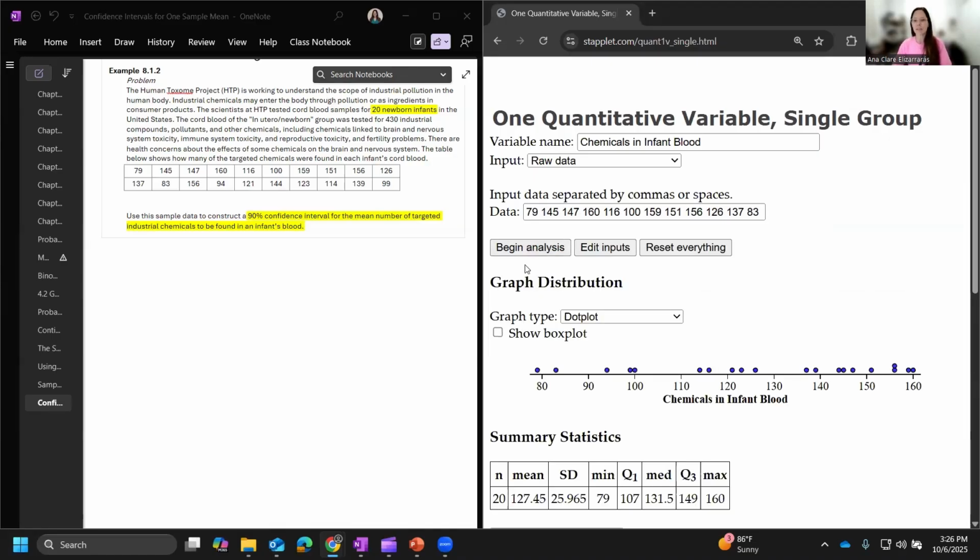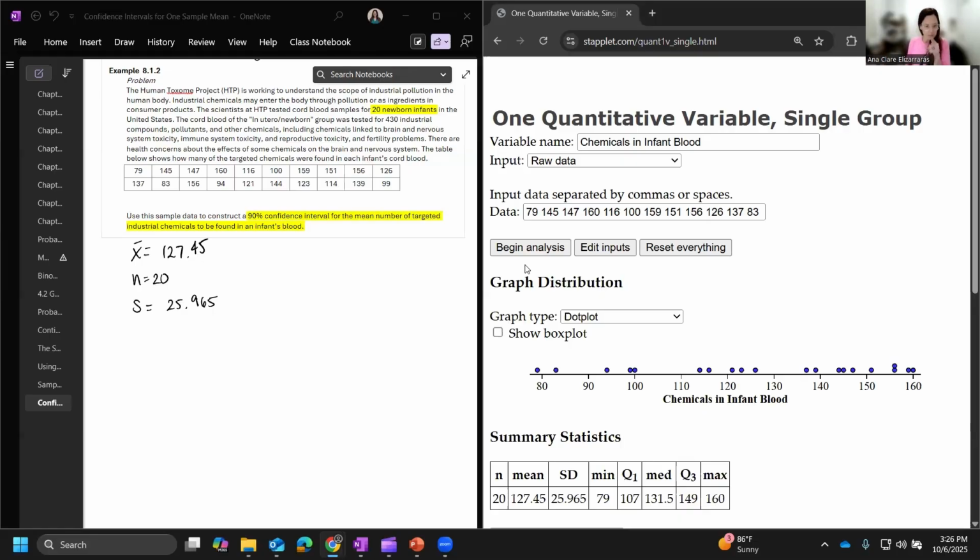I begin my analysis and I get to collect the information that the mean of the sample was 127.45. The sample size was 20, and the standard deviation of the sample was 25.965. I'm writing all of this down because when I do this by hand, I want these numbers.